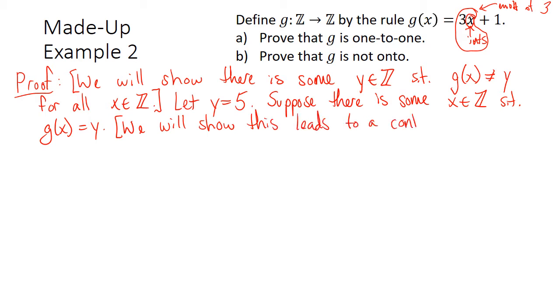So once we get a contradiction from that, that will mean that the supposition was incorrect. So that would mean there is no x in the domain such that it produces y.